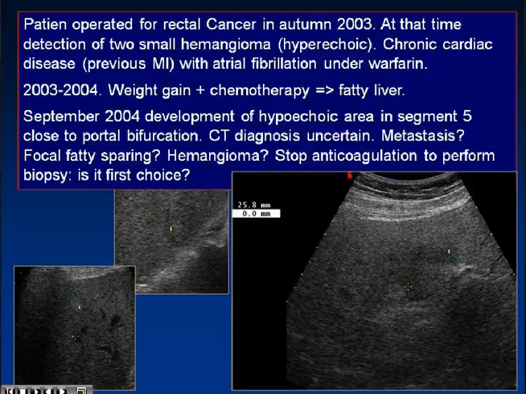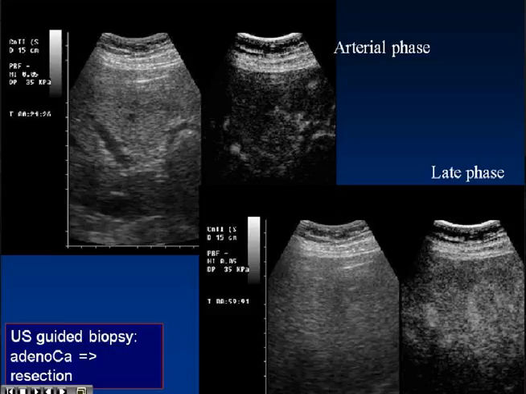So in this case, it is more difficult to decide to stop warfarin and go to biopsy. And so it's important, when a patient has a fatty liver, to proceed to better techniques, and CEUS for sure is one of the best. And you can see that this area, which could theoretically be a focal fatty sparing, instead has rim enhancement, and when you go to the late phase, it washes out.